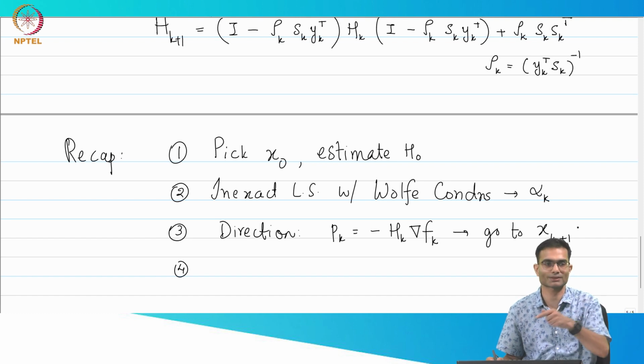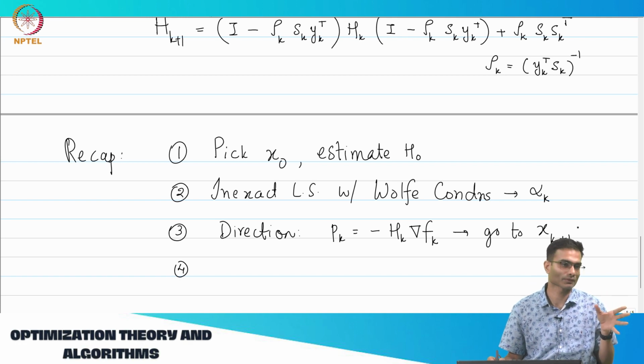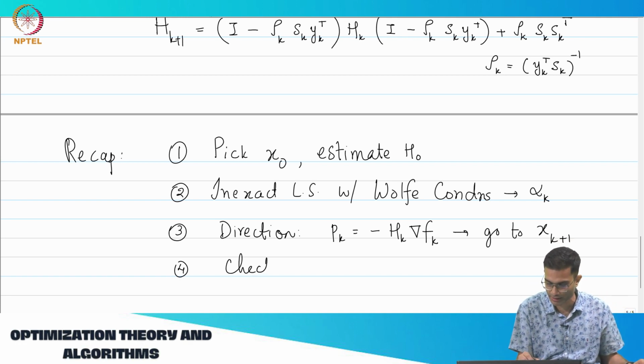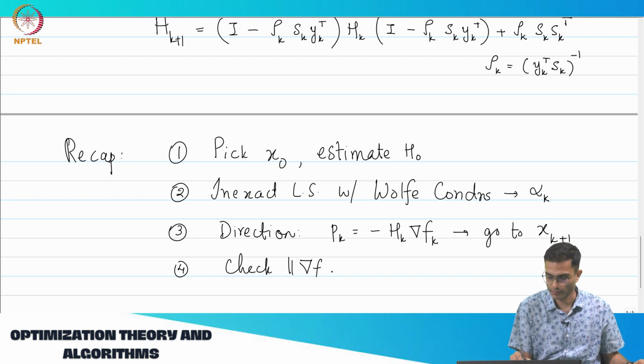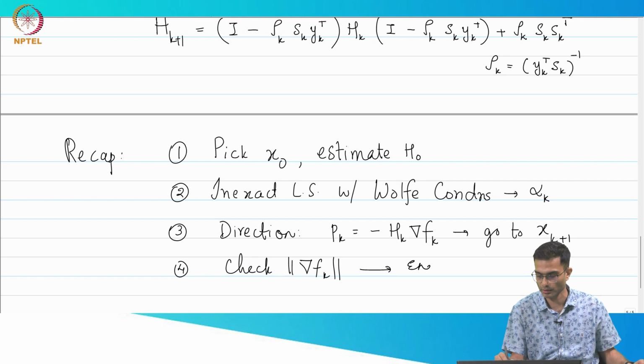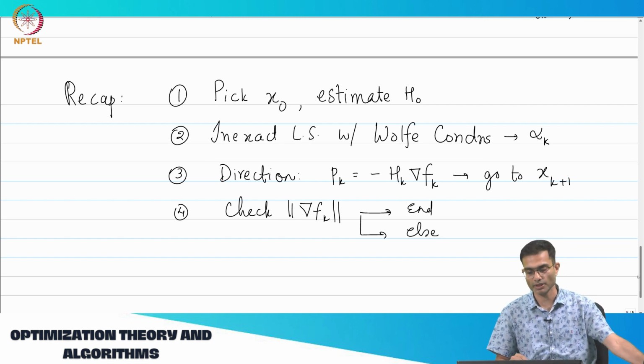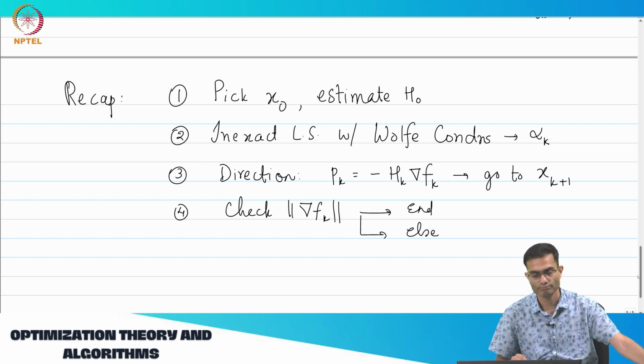I have moved to the next point. Correct. We should always have a check for convergence, right? So I would say, for example, check norm of grad of k. Okay. If it is low enough, end. Else, what should I do? Should I go to step 2?